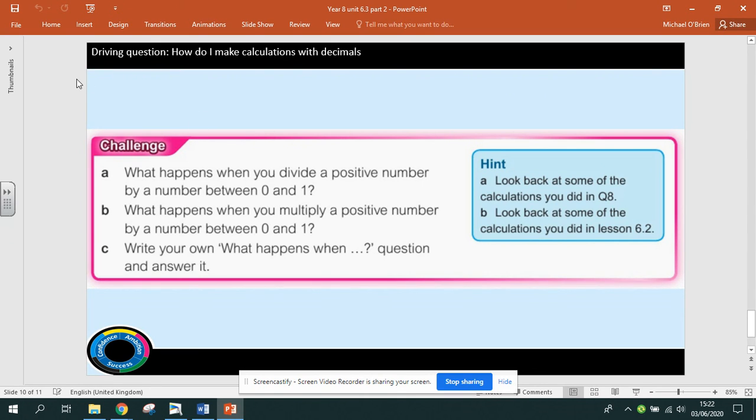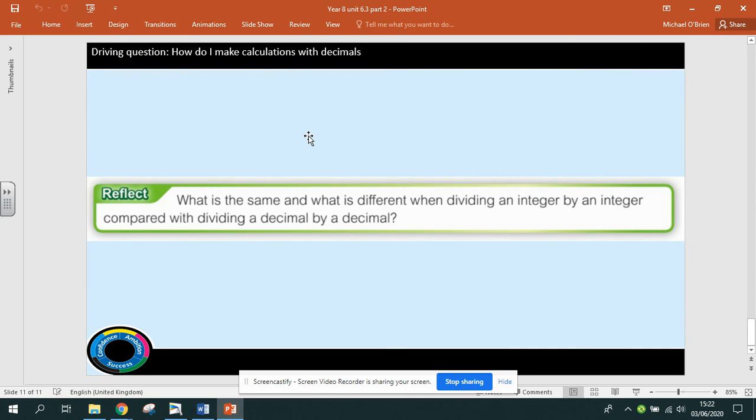And that brings us to my reflection at the end. What's the same or what's different when dividing an integer by an integer compared with dividing a decimal by a decimal? This is a really big topic. This is something that you can really think about, because a lot of mistakes are made when people don't understand the difference between integers and decimals with multiplication and division.